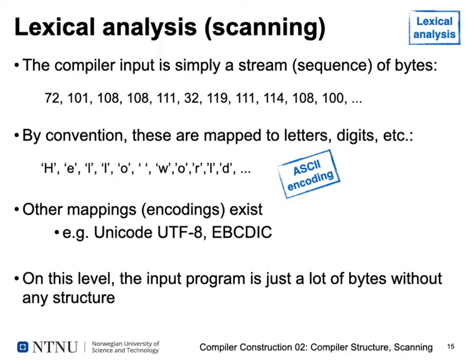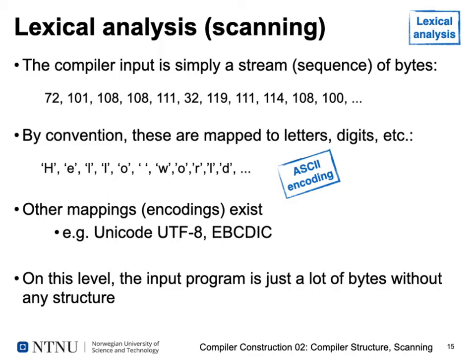So a compatible encoding, which extends ASCII to use international characters, different character sets like Japanese or Chinese, is Unicode UTF-8, and there are also very ancient, incompatible encodings like so-called EBCDIC, the Extended Binary Coded Decimal Interchange Code, which is used on very old but also relatively new IBM mainframes still today.